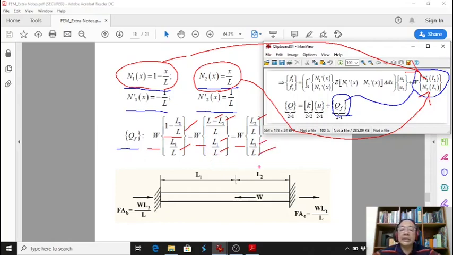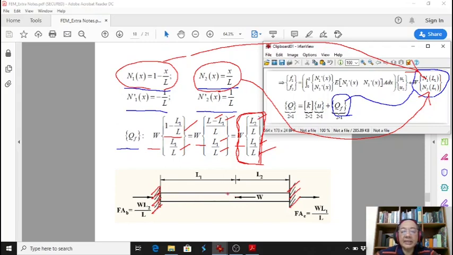So this represents the member force. Okay, we can simplify from here. If the bar is fixed, this term represents the reaction.